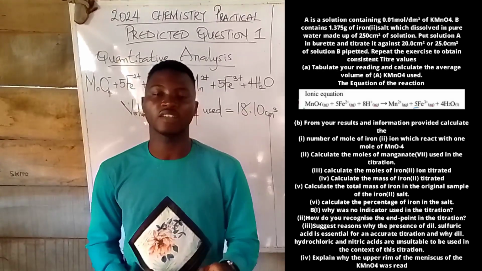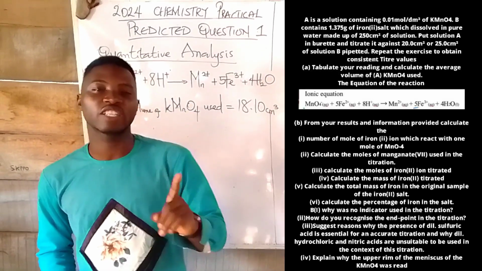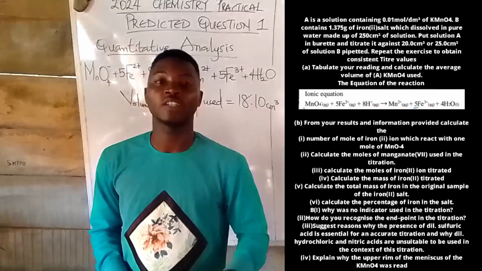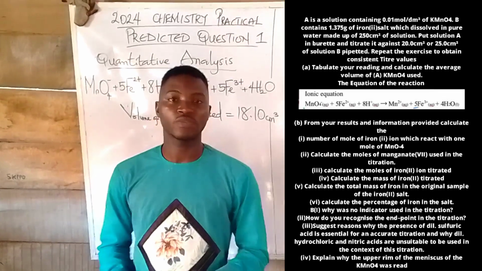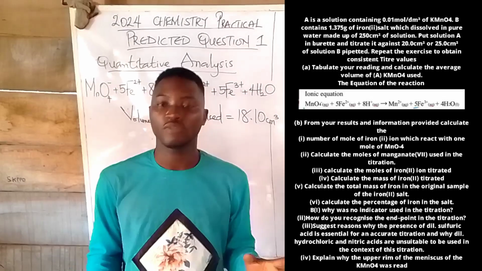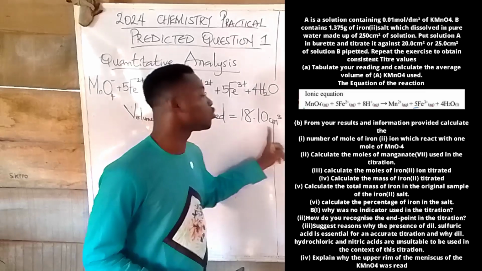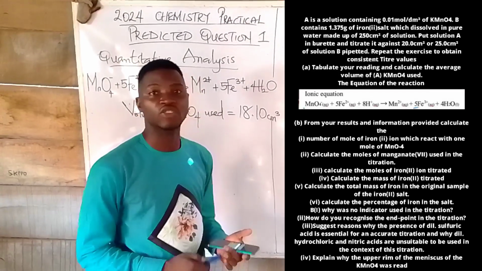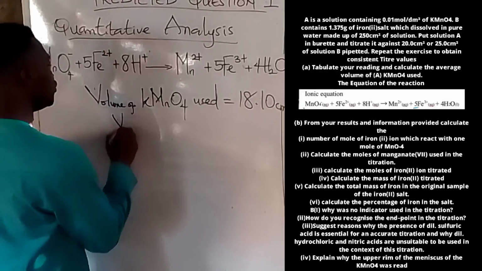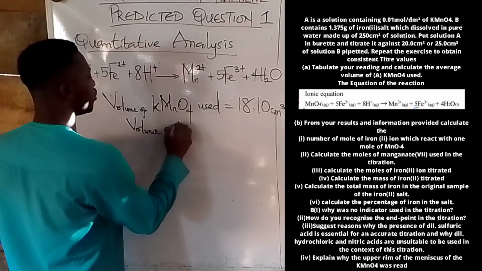Please, this year, if you are a student and you are watching me, take note that the titre value of your school might differ from other schools. But for this video's sake, I am using 18.10 centimeter cube as the titre value.